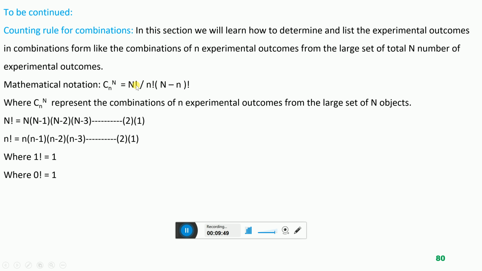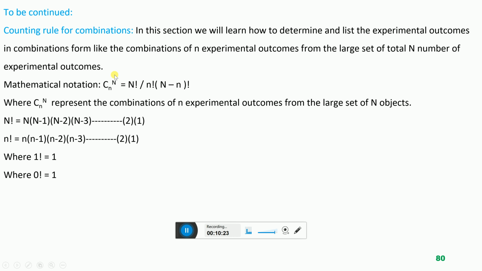So what is the formulation? N factorial, this is the sign of factorial, N factorial whole divided by small n factorial multiplied by (N minus n) whole factorial. This formula we will use to determine the total number of experimental outcomes of an experiment in combinations form, in group-of-items form, where C(N, n) represents the combinations of n experimental outcomes from the large set of N objects.